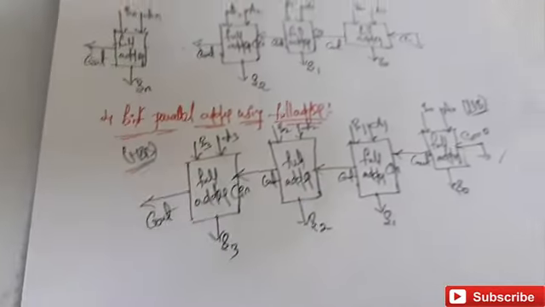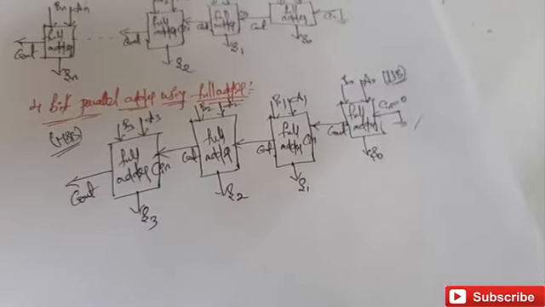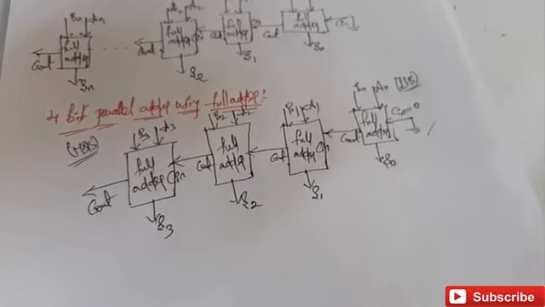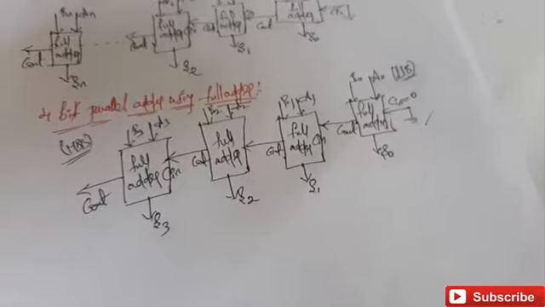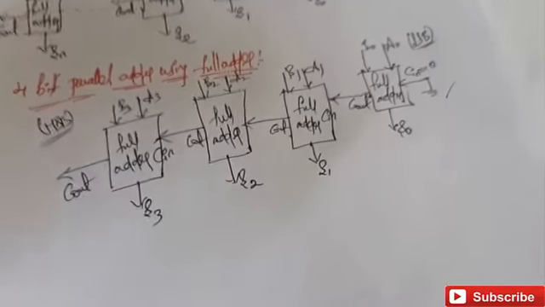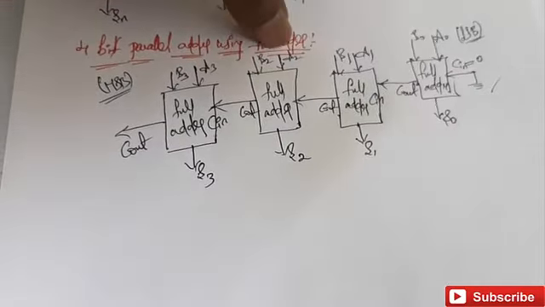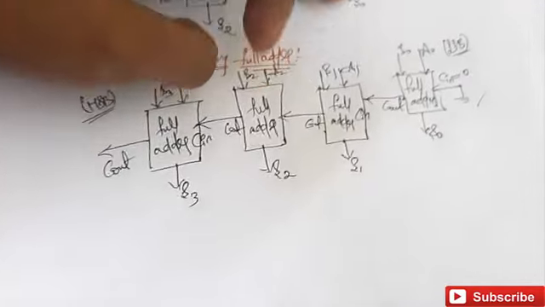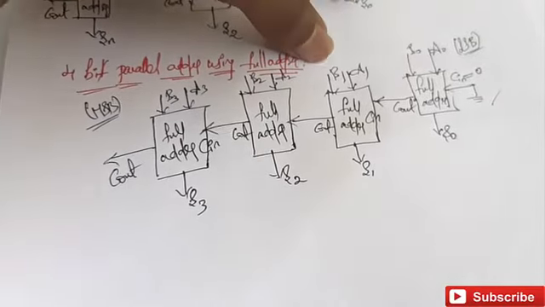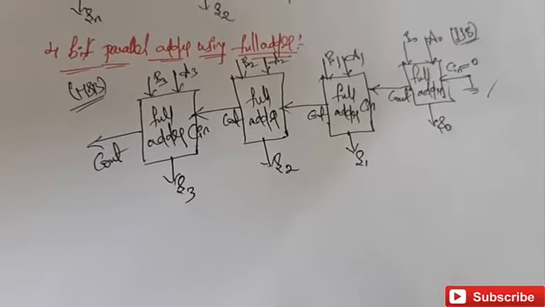In the problem, if they give the C input as 1, you will take the C input as 1. If they don't give the C input, you can take C input as 0 by default. Now let's see, these will be the operands. A0, A1, A2 and A3 will become operand 1, as well as B0, B1, B2 and B3 is said to be operand 2.